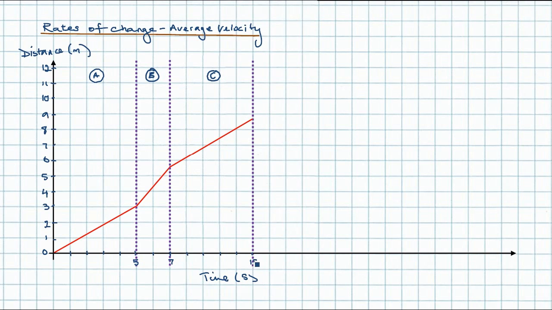Then let's think about that. So 12 plus 5, that's going to be here. So t equals 17. And then we'll bring him home in 10 seconds. So that's going to be 10, so here, and that's then t equals 27. So just extending this graph to give us just a little bit more to work with.